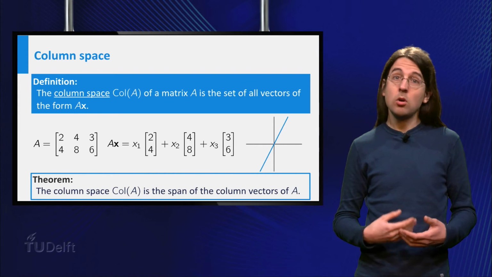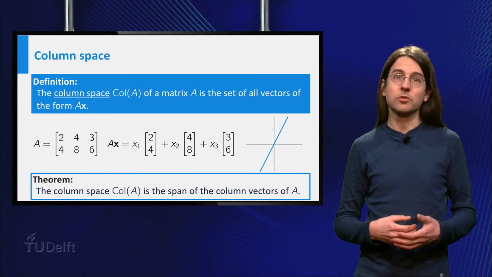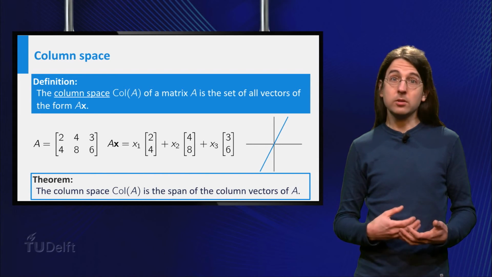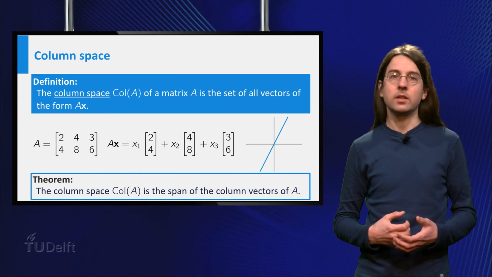In this case, all columns are multiples of the vector 1, 2. So the outcomes are all multiples of 1, 2 as well. These vectors form the column space of A, a line through the origin in R2.